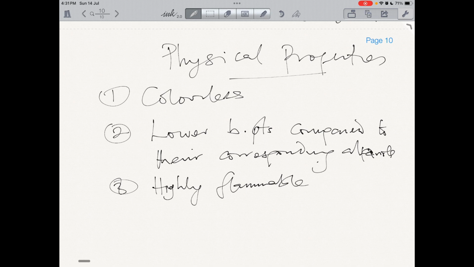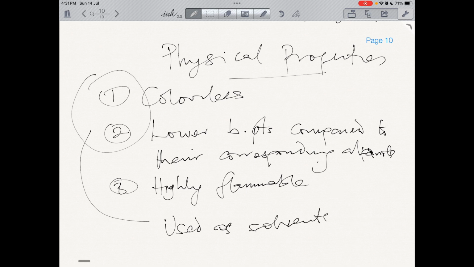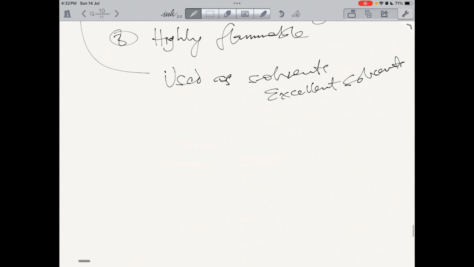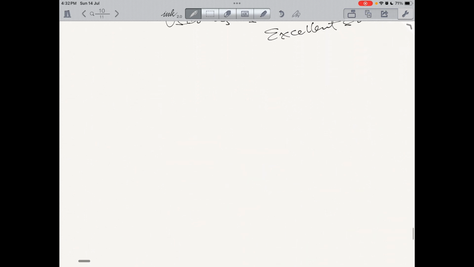Because of the combination of one and two, it leads to one use. They are used as solvents in chemical laboratories. In fact, they are excellent solvents. Are we together? Yes, sir. So I've already started talking about application.